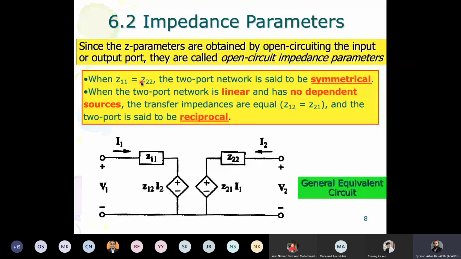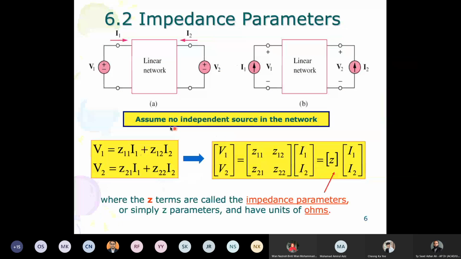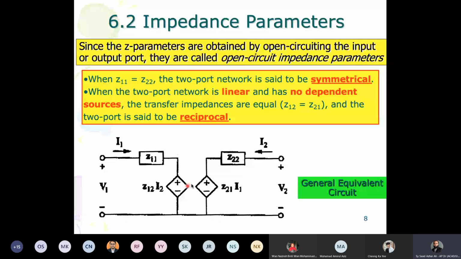Okay, so once again, if Z12 equals Z21, this could be an equivalent circuit of a two-port network. Notice that there is no independent source inside it, which is the condition from this slide. There are no independent sources in the network. There could be dependent sources.